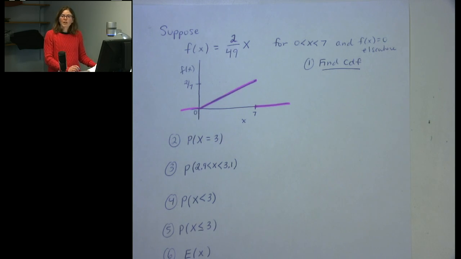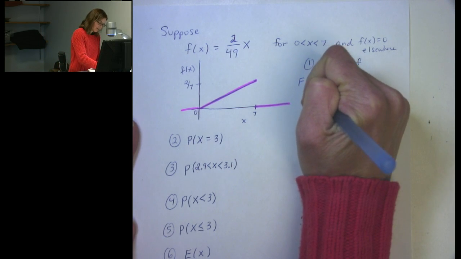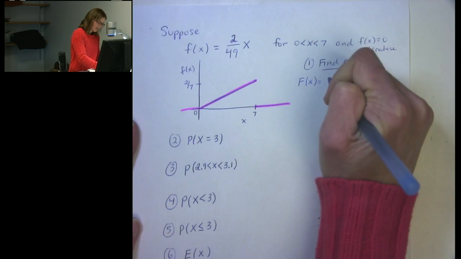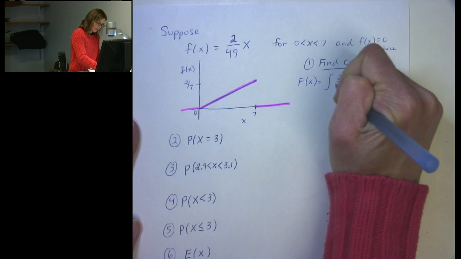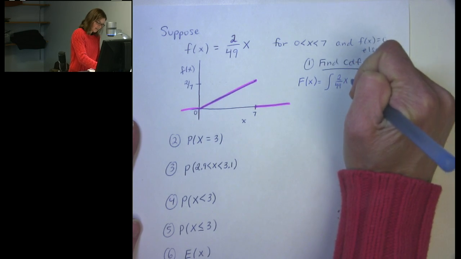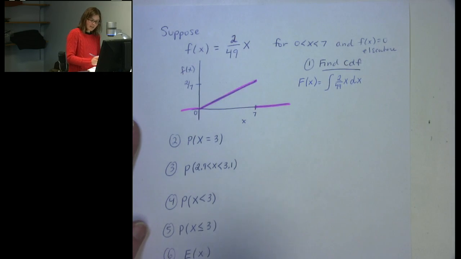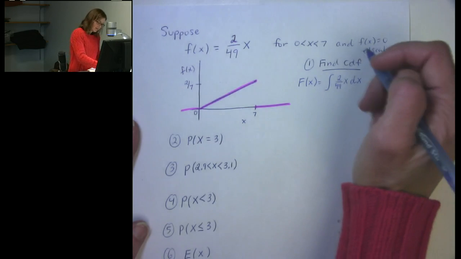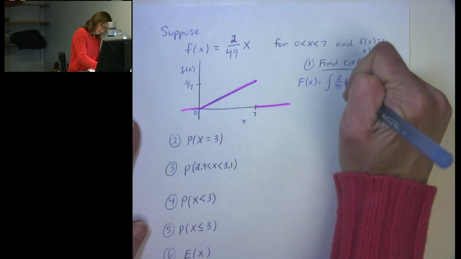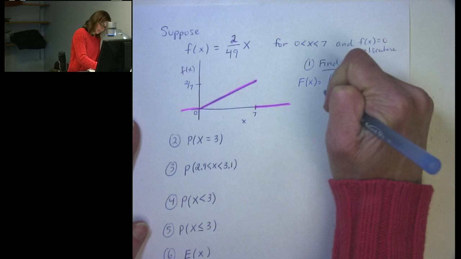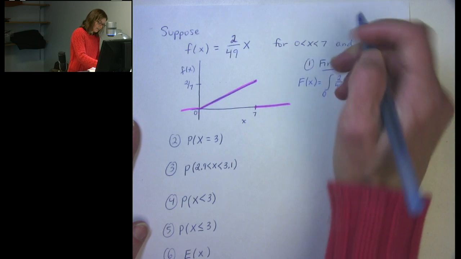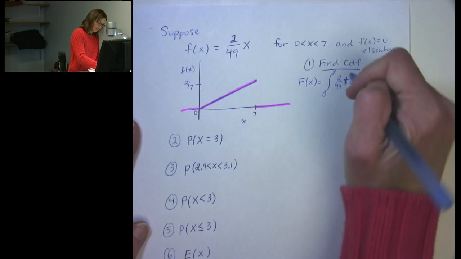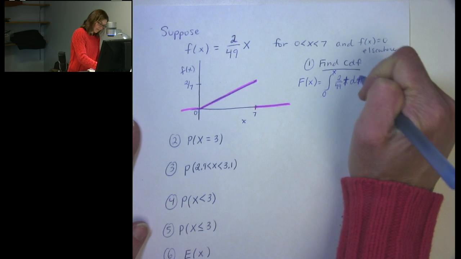Now, if I want to find the cumulative distribution function, I'm going to take my probability density function, 2 over 49x, and integrate with respect to x. Actually, let me write that slightly differently, because I'm going to integrate from my smallest possible value in the support, so from 0 up to x, and I'll integrate with respect to t.